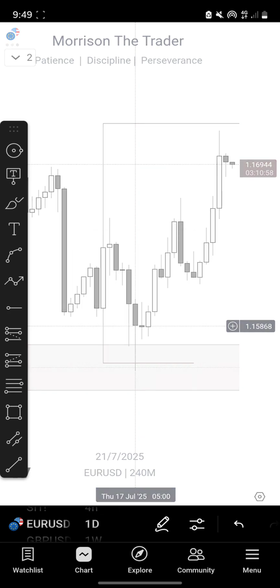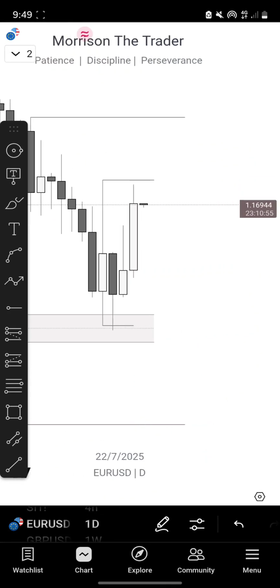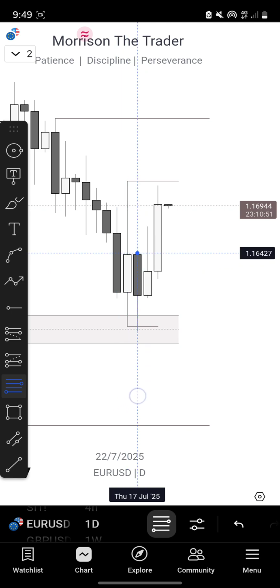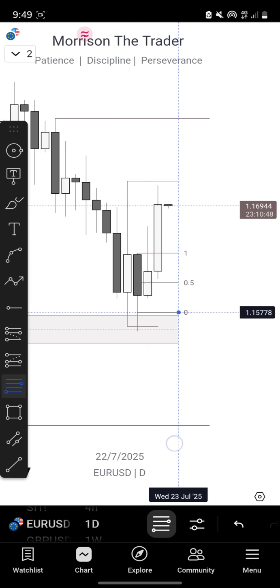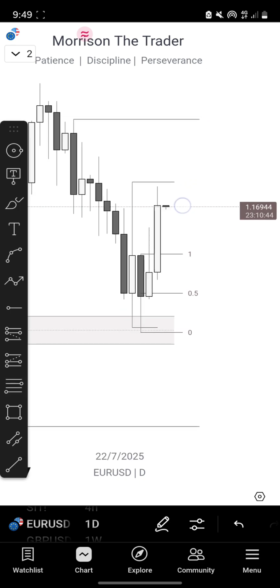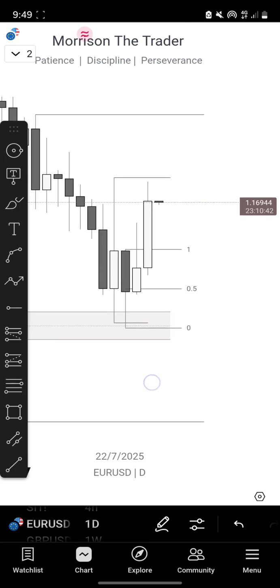So this was Thursday, so let's mark Thursday. Good. So now, immediately Friday opens, right? You are looking for any PD array below this area, below the 50% of Thursday's candle.